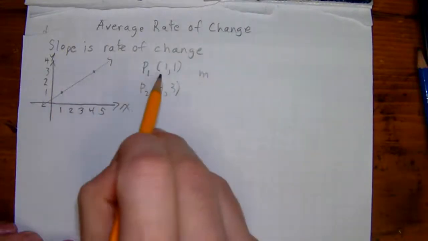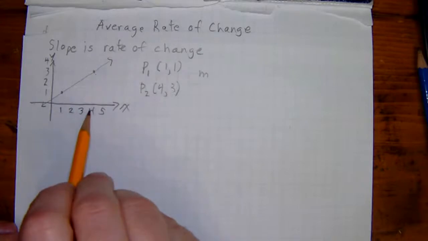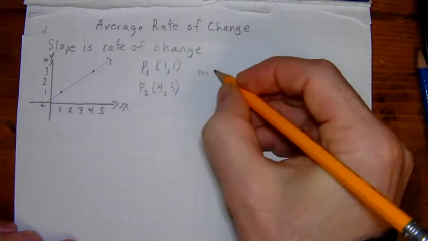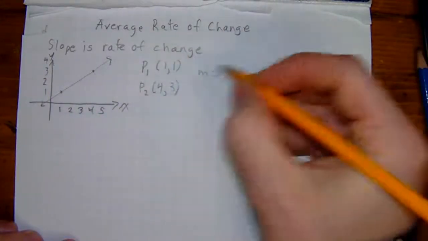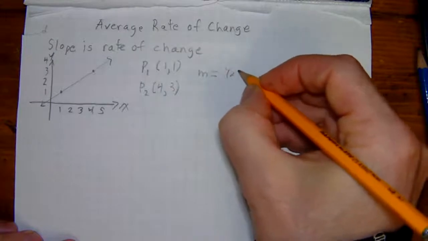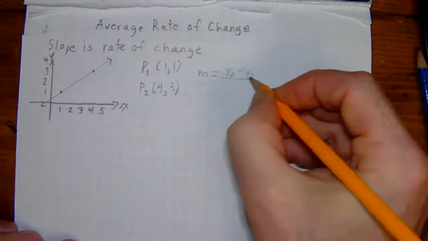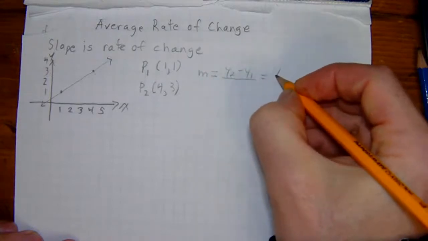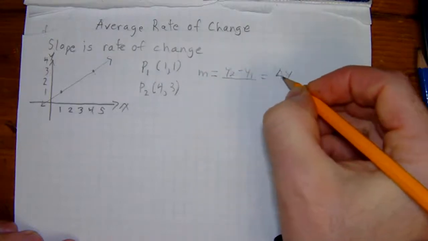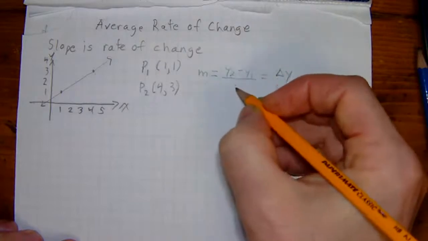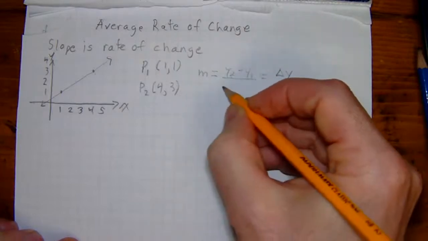So for this line, we have the point 1, 1, we have a second point 4, 3. And if we do the slope calculation, we're going to go y2 minus y1, or the change in y. And sometimes people will write this delta y. Those of you who've taken physics, you know delta means change. So this is the change in y.